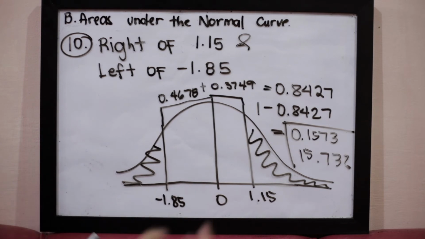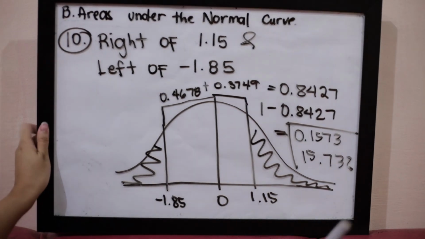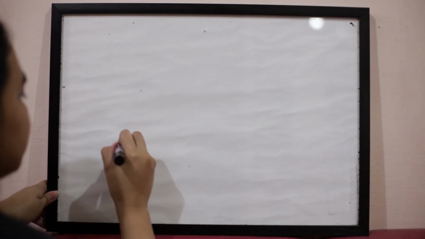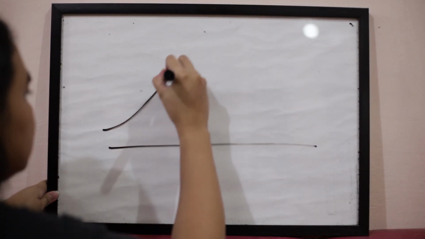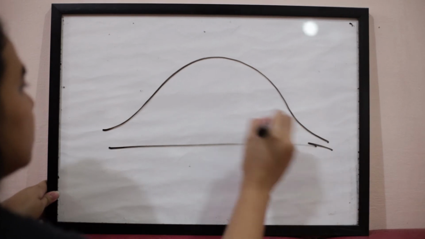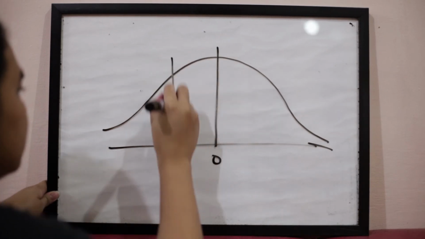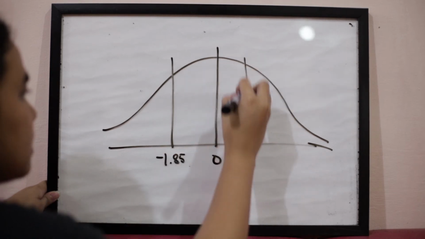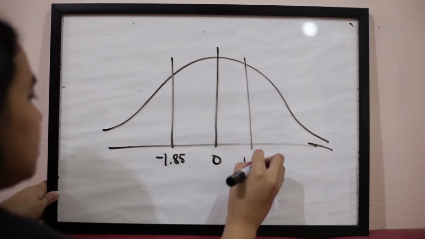Now, ma'am, what's the second way of solving this one? The second way, let's have another marker, another graph. Earlier, we had here 0, negative 1.85. This is 1.15.